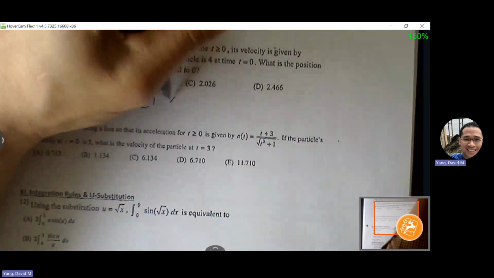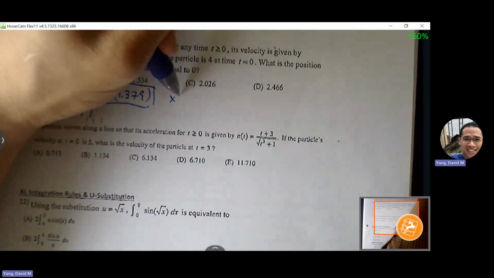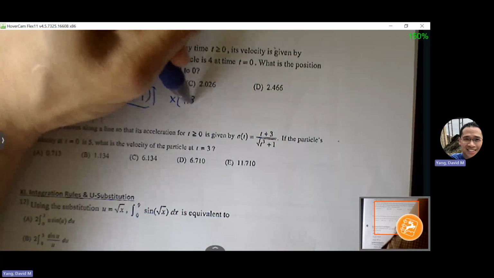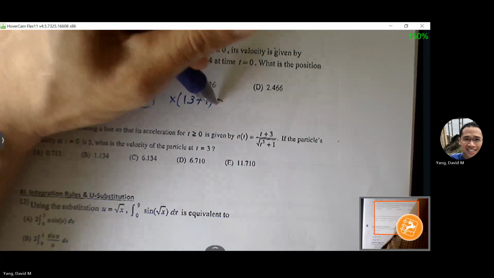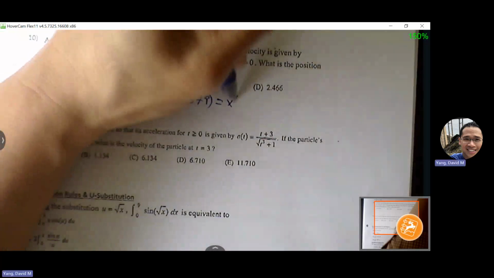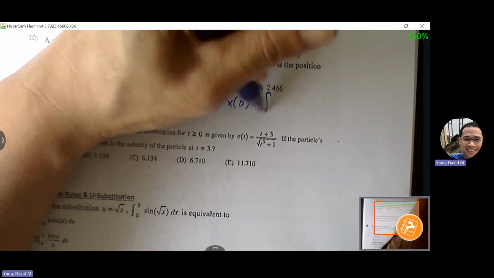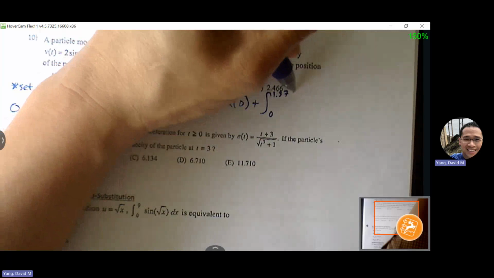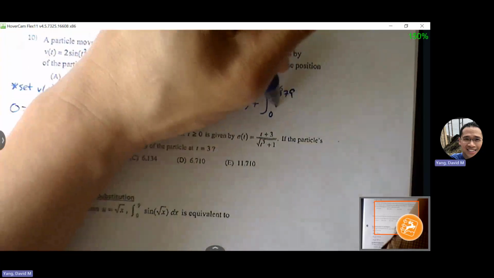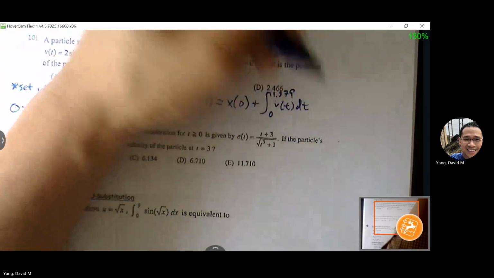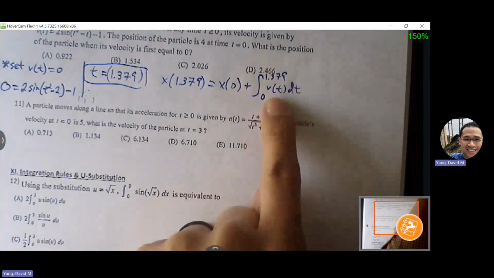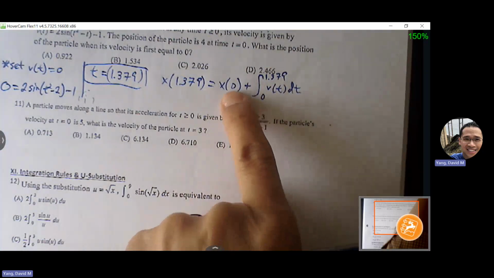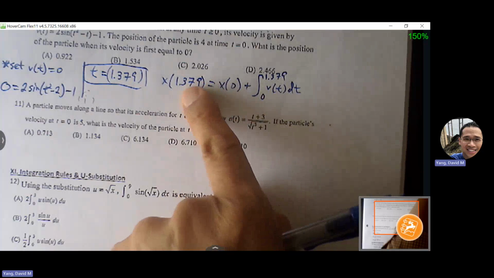So I'm going to find my location at this moment in time. Initial position is x of 0. And then my displacement is from 0 to 1.379 of my velocity function. I can plug this in the calculator, get some displacement, add it onto my starting point, and that's going to tell me where I'm going to end up.